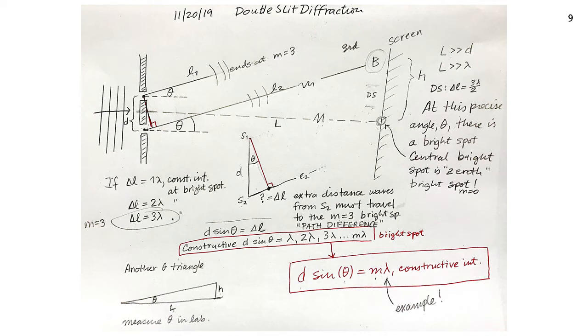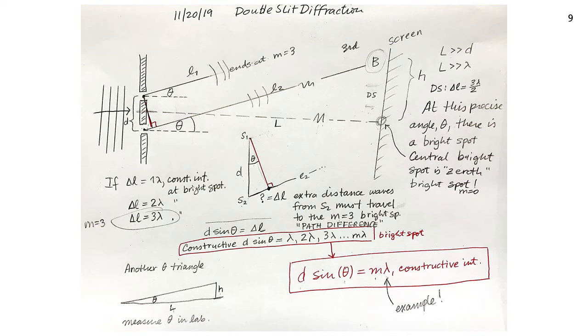This angle here is theta, this acute angle here. This is a right angle over here. Now let's label the other things that we know.